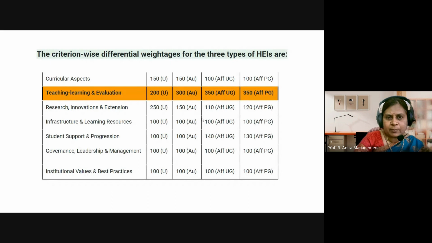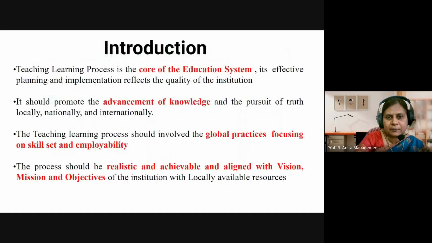With this as a background, today's presentation will tell you how important it is and where you can focus, because if you get fewer marks in teaching, learning, and evaluation, your NAAC grade is going to come down to a drastic extent if you don't focus on this, right?